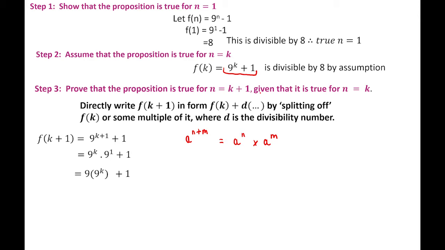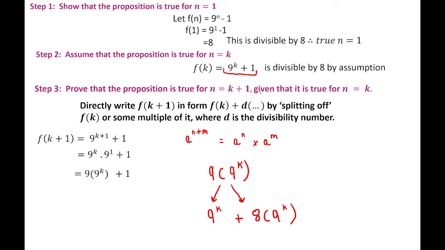We now want to split this function into f(k) and our remainder. So 9 times 9 to the power of k, minus 1. If you have 9 of these, this is the same as writing 9 to the power of k plus 8 lots of 9 to the power of k.